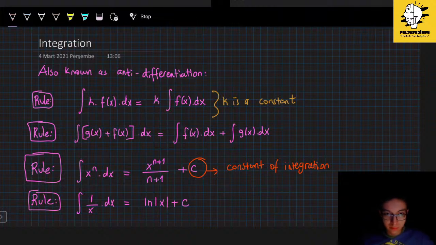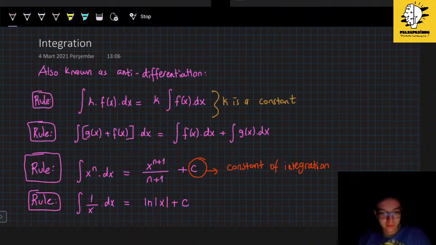There are some certain rules, and also, guys, it is known as anti-differentiation. So if you take the differentiation of an integration, what will happen? You will get the function itself. You will see what I mean when we solve examples. Let's look at the first rule.